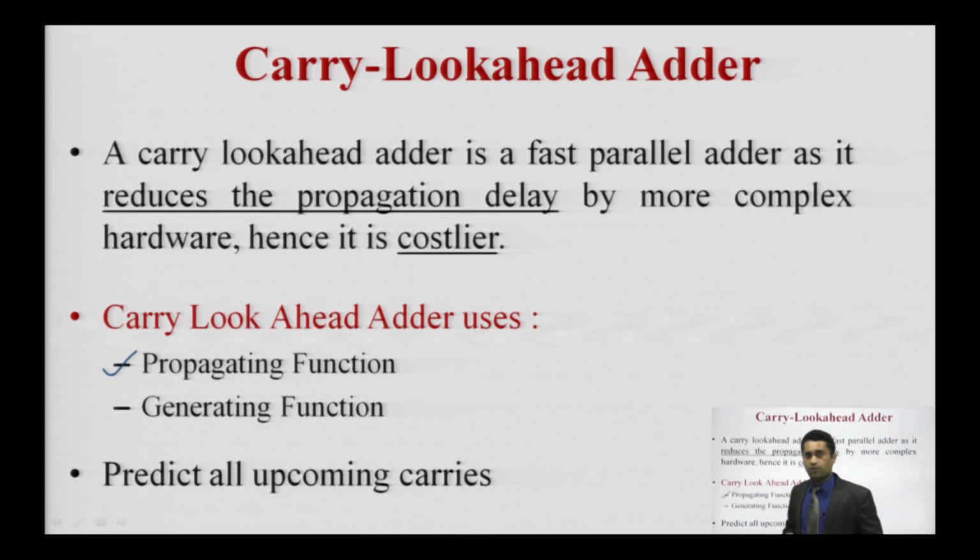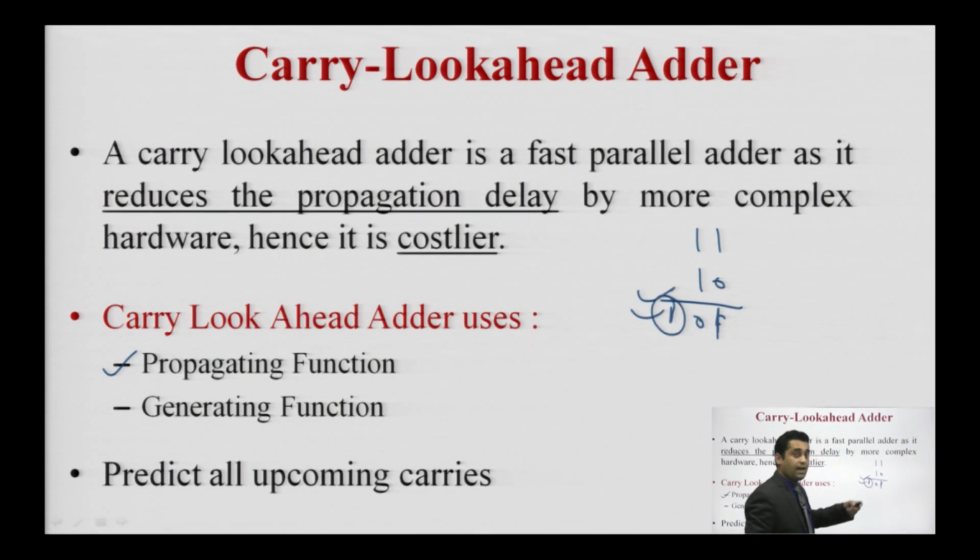Means the one function works to create a particular carry, means to generate a particular carry. If my number is 1 1, and we are going to add this number with 1 0. So in this case 1 0 we are using 1 without carry, and here the carry is generated.